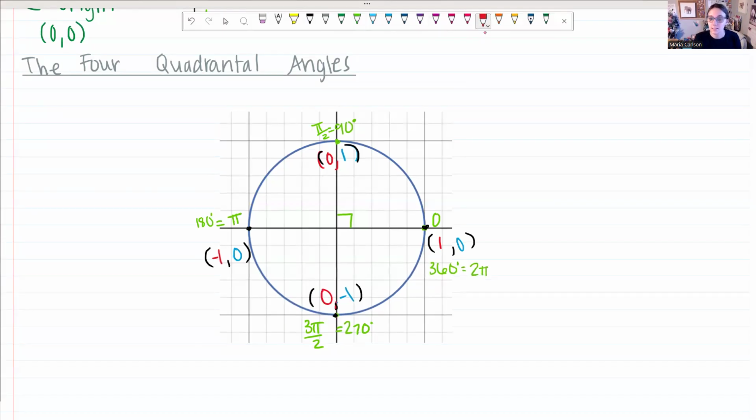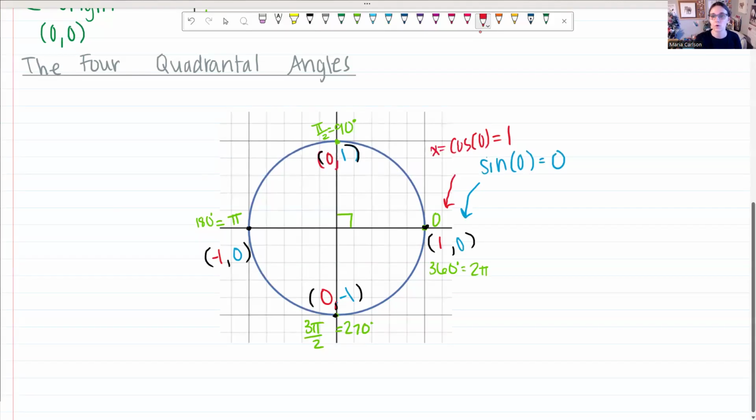So at this point, since this is the point (1, 0), the cosine of 0 is equal to 1, and the sine of 0 degrees or 0 radians is equal to 0, because x is cosine, and that is 1, and y is sine, and that is 0.